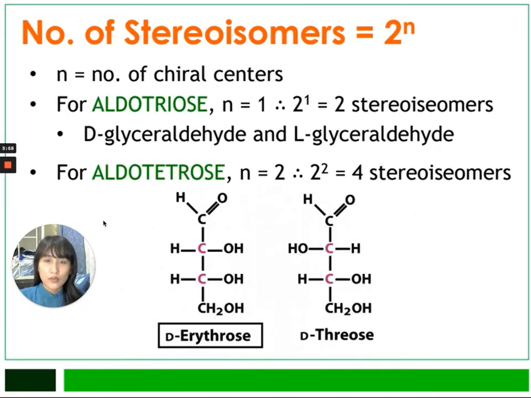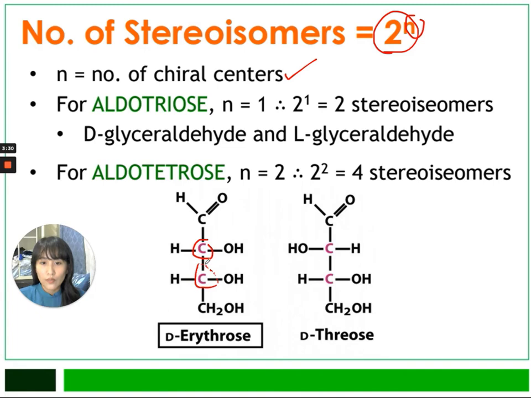Alright, so how do we compute the number of stereoisomers for a monosaccharide? We have here the formula 2 raised to n, wherein n is the number of chiral centers. When you say chiral centers, here are some examples. We have here D-erythrose, which has 2 chiral centers.